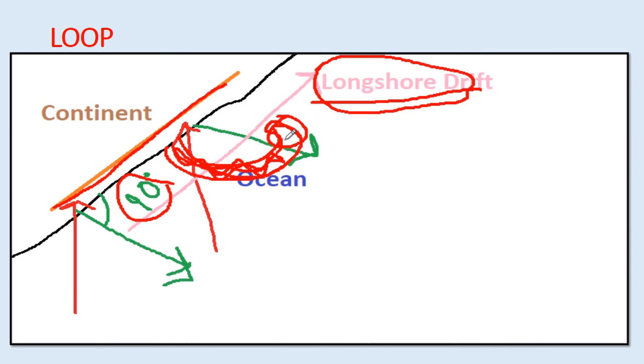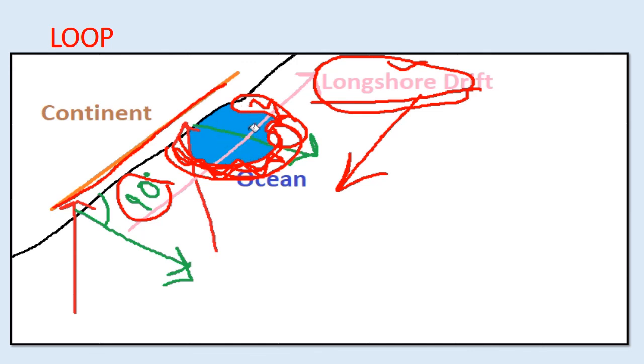If the current opposite to the longshore current becomes dominant over the longshore drift, then spits are bent to such an extent that they are attached to the mainland. It looks like a complete loop, and the center part of the loop is enclosed and trapped by the ocean water.